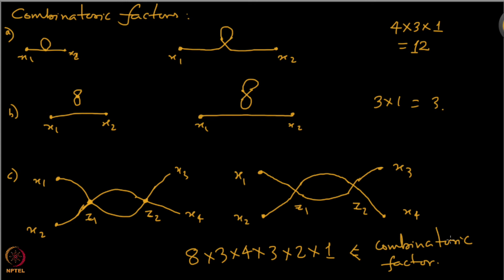So, what you should do also is try to draw the same thing in a different way and convince yourself that they are all identical. So, you should be sure that this is really the combinatoric factor. So, for example, let me try to say this way. So, suppose you start here, but instead of connecting here, I said in the beginning you could connect to any of the 8. So, let us say connect here, and then this one has to go to the same vertex.